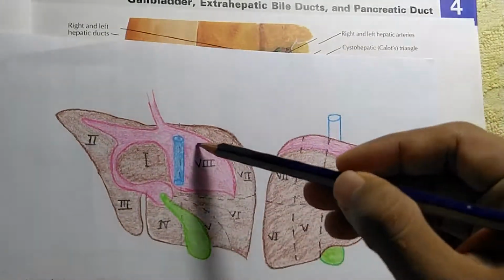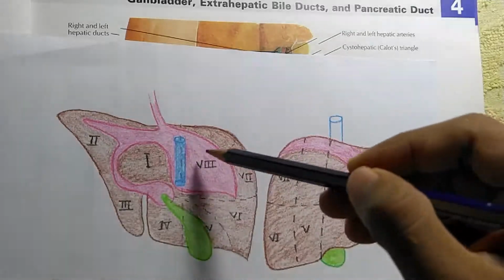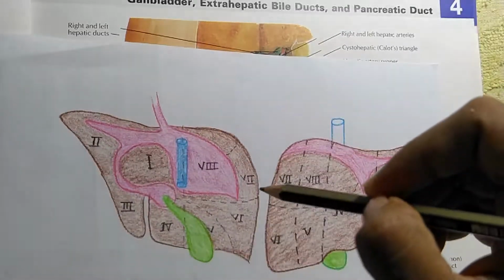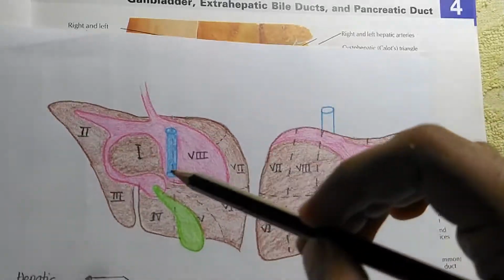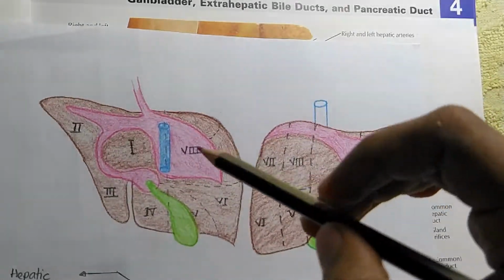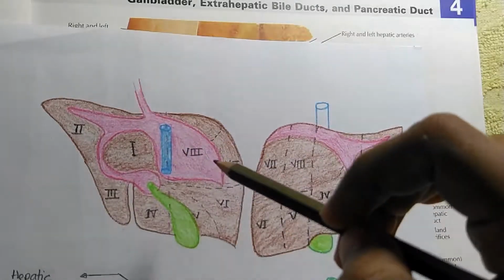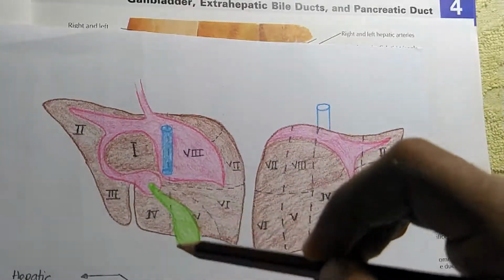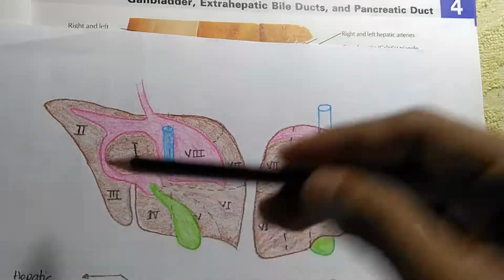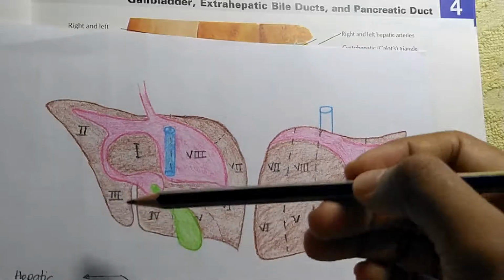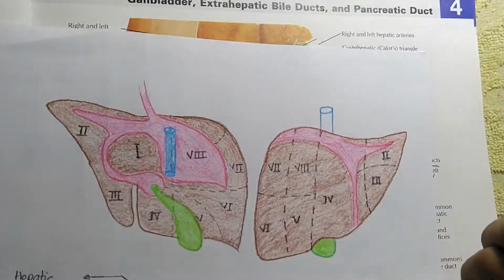And the bare area is numbered 8. In some MCQ exams, students are usually asked questions like, in the bare area what is the segment, in the case of the gallbladder what are the segments, which segments does the quadrate lobe belong to. This kind of question is usually asked in the exam.